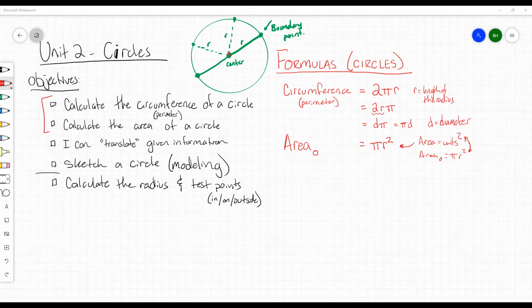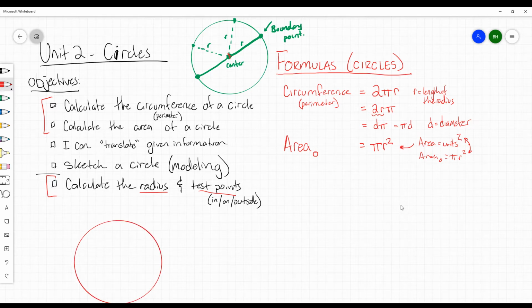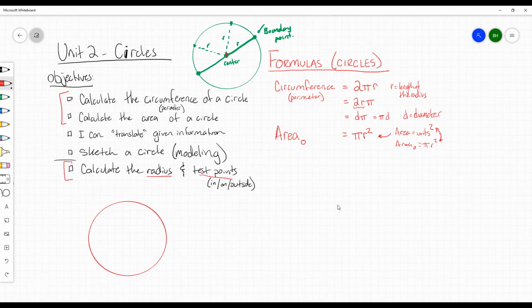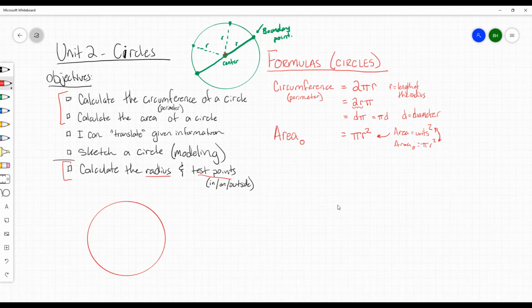But in particular, I want to quickly stop and look down here at calculating the radius and then testing points. So if we're given some sort of circle arbitrarily, okay, here's another circle for us. Let me go ahead and move this a little bit. Sometimes we're going to have a center value, and the center is some point x and y.